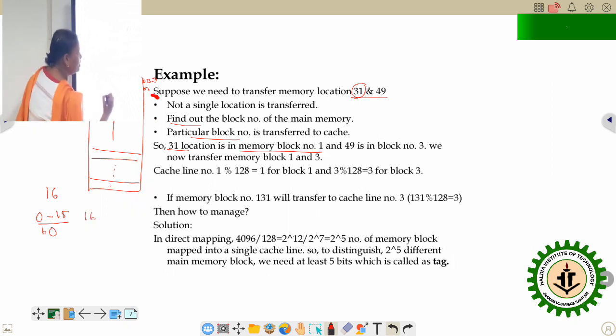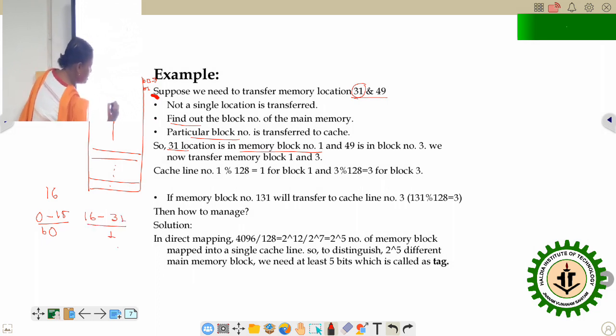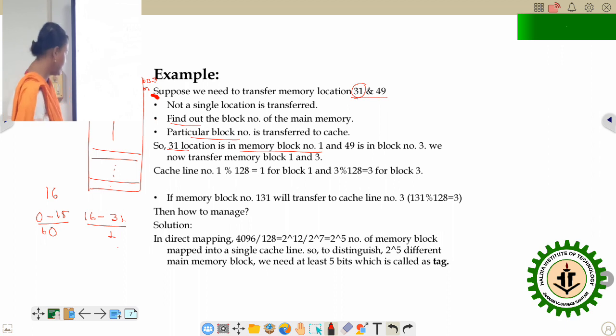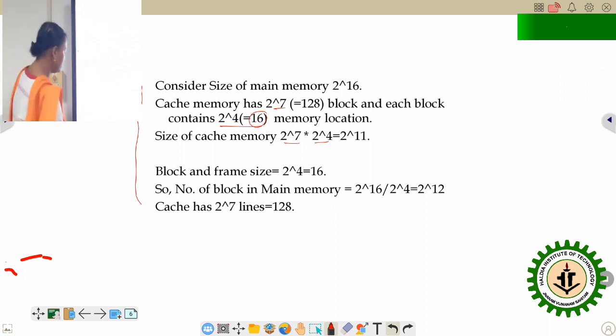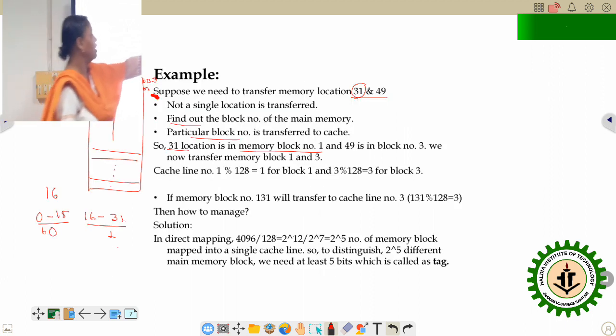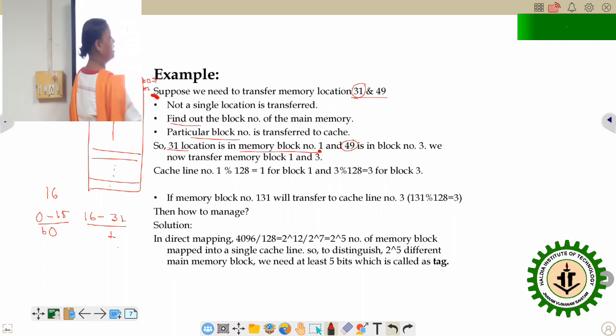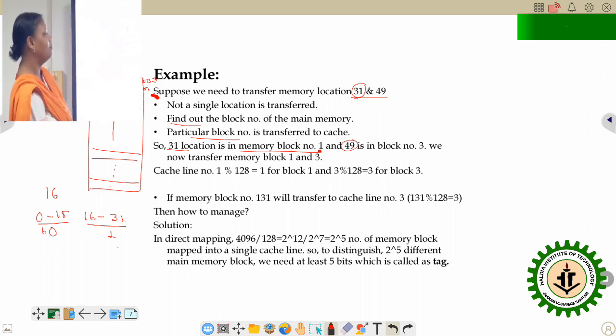Then 16 to 31, these 16 addresses are stored in block number 1, because our block size is 2 to the power 4, that is 16 memory locations in each block. So that's why 31 is present in block number 1, and similarly, by similar calculation, 49 is present in block number 3.